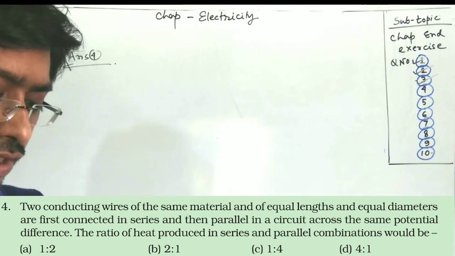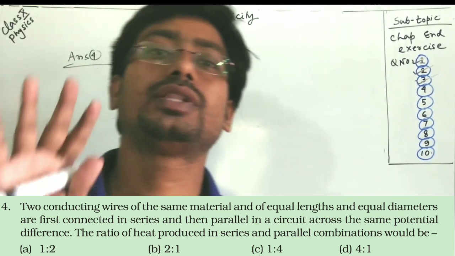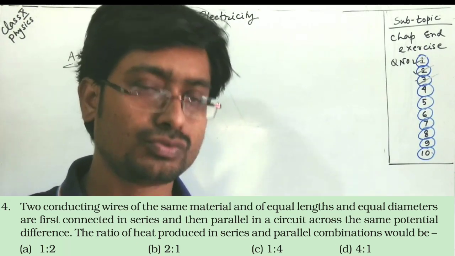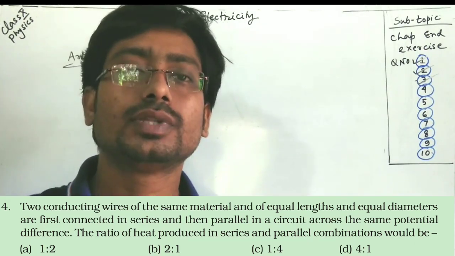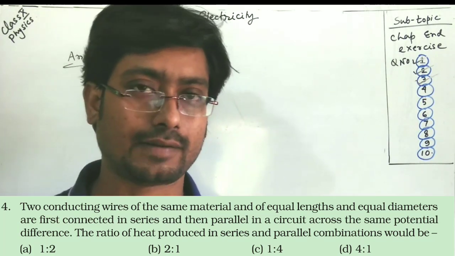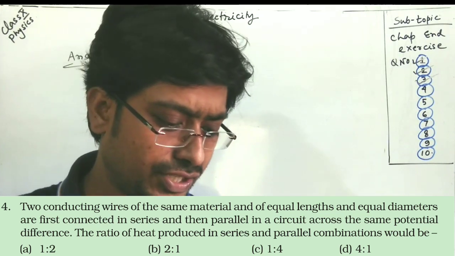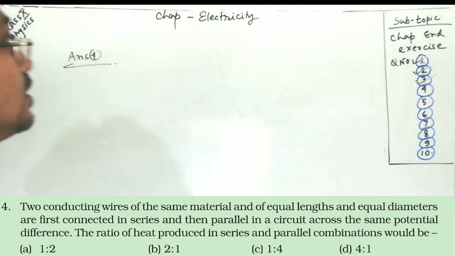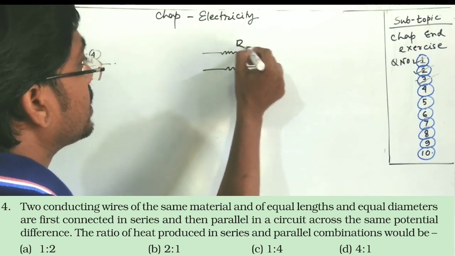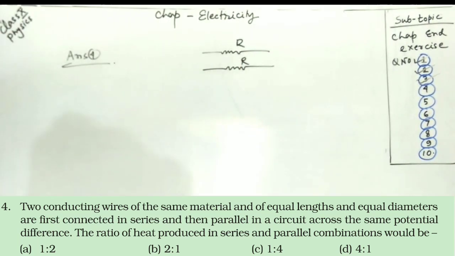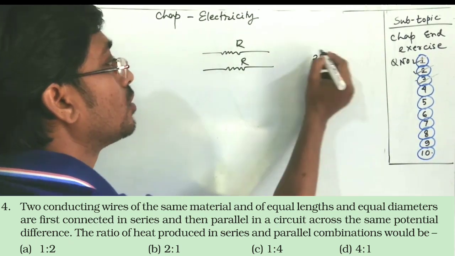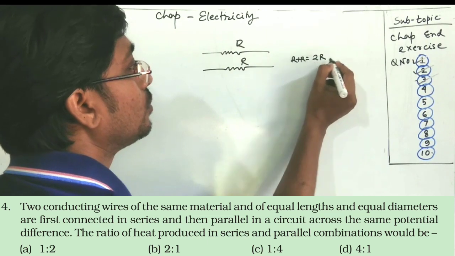So the ratio of heat produced. What will be the heat produced if these two conductors are connected in series, and if they are connected in parallel? So what is given here? Two resistances. Suppose these are the two resistances, R and R. If they are connected in series, the equivalent resistance will be 2R, because R plus R is equal to 2R.